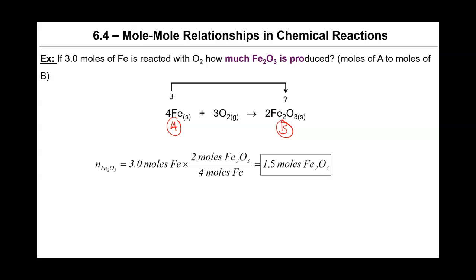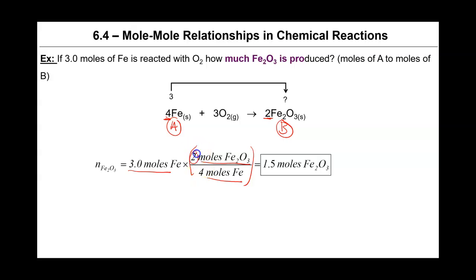So we're starting with 3 moles of iron. We're going to multiply by the conversion factor that has moles of iron on the bottom line because that's what we want to cancel out, and moles of Fe2O3 on the top line because that's what we want in our answer. The numbers that go into our conversion factor are simply the stoichiometric coefficients that appear in front of the respective formulas.